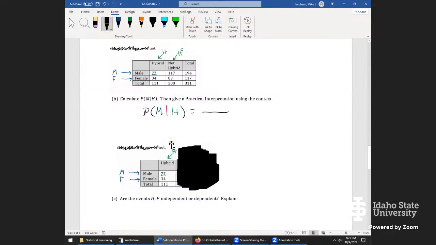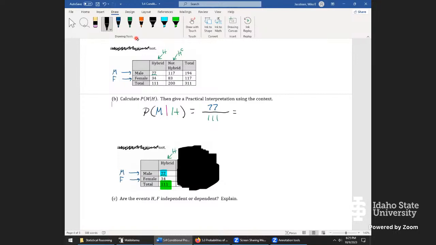Then, well, H stood for having a hybrid engine. There's 111 of them, so we'll grab this count right here. We want to know the probability of a male. Well, there's 77, so we'll grab just that 77 from right here. So 77 goes up above.